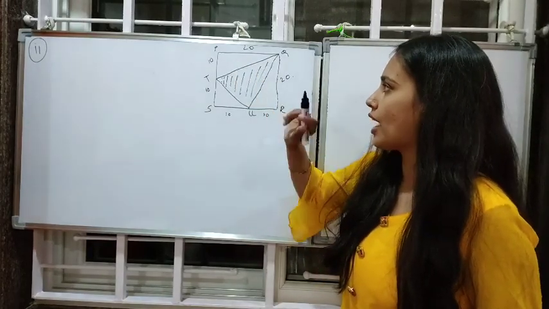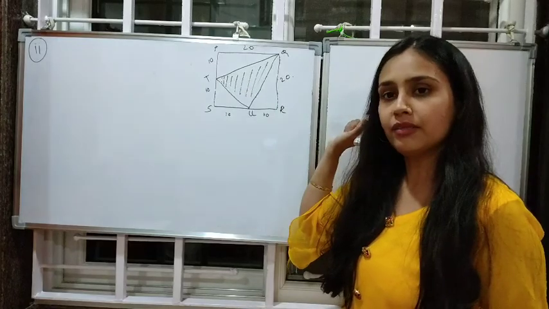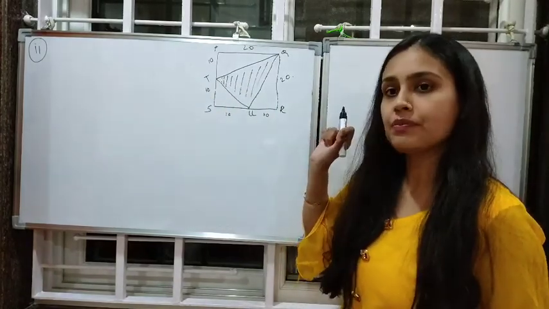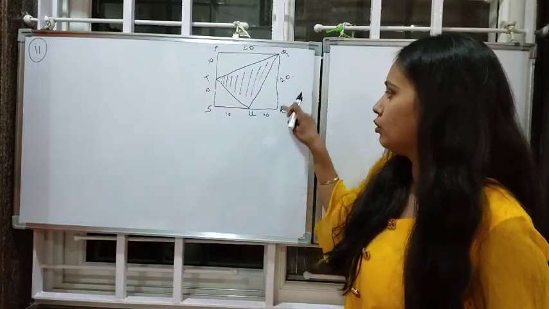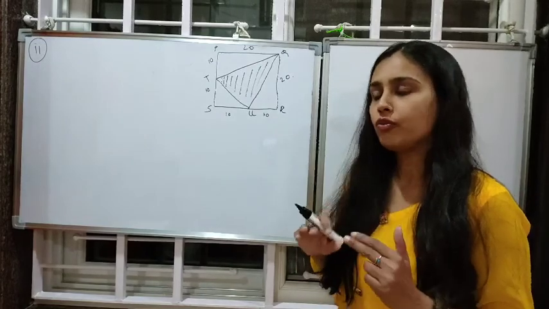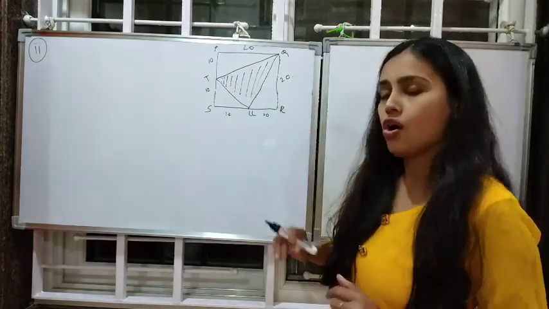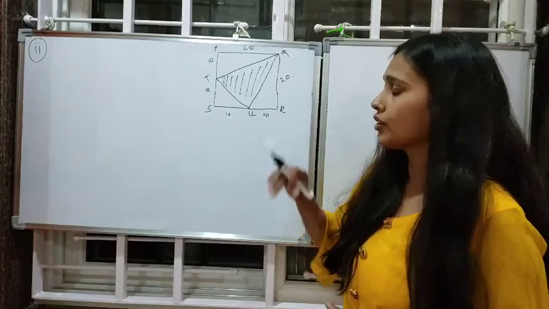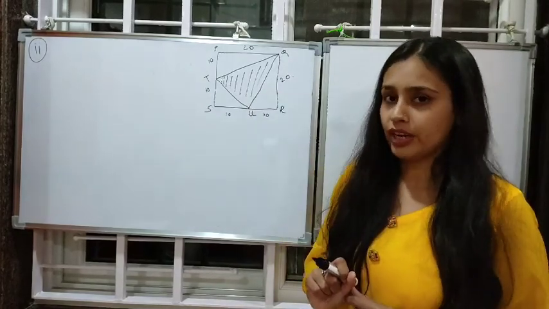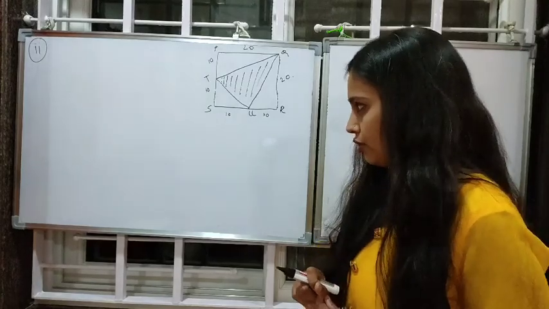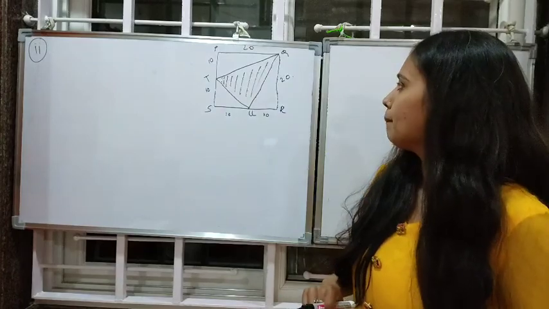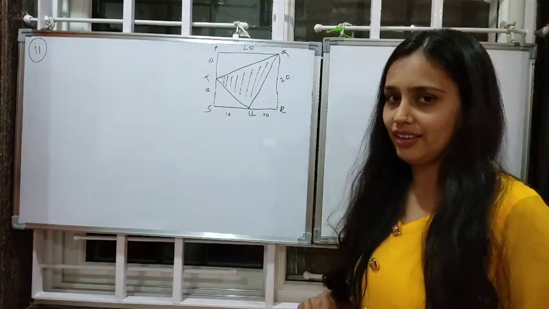Then you see this is a triangle whose base and height is given. So we find the area of the three triangles and remove them from the total area of the square, and that's how we get the area of this shaded portion. Okay, so let's do it. First, what to do? We find the area of the square PQRS.